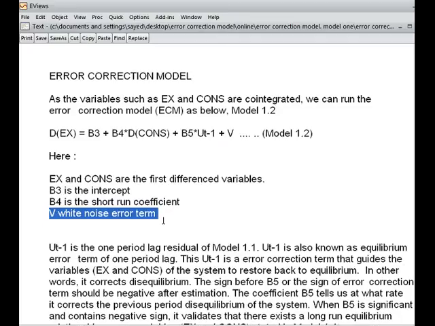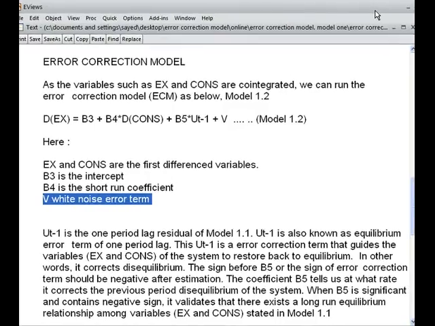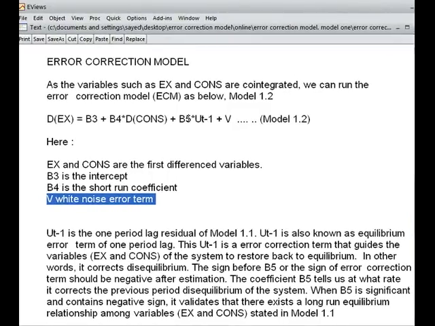But here, the most important thing is this one, the error correction term. It corrects the disequilibrium. Okay.